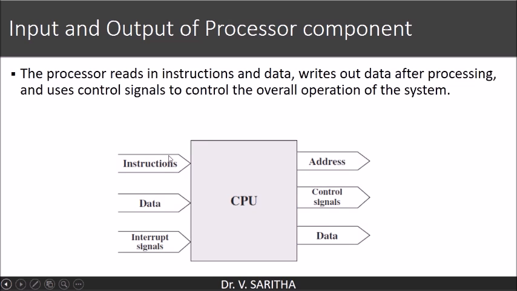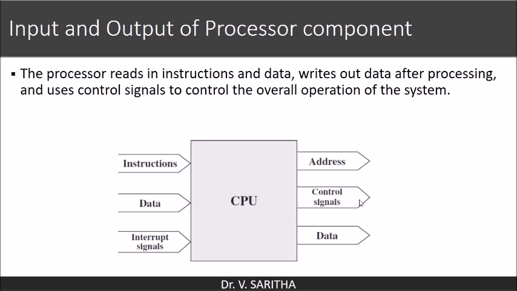For the CPU, if we are executing a program, the instructions will be the input to the CPU, where they are decoded and then the operand address is calculated. So the operand address will be an output. Which operation needs to be performed is generated as control signals.